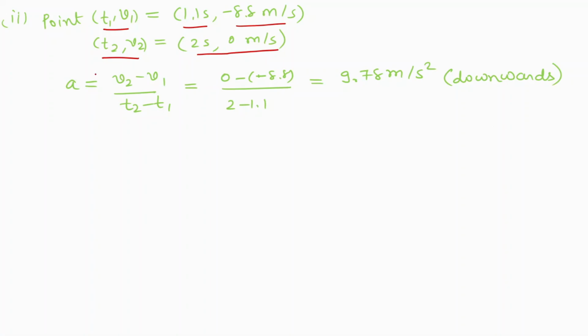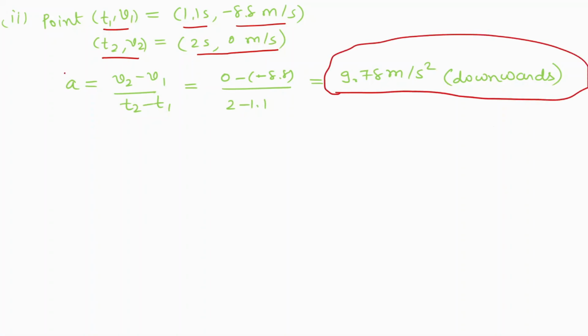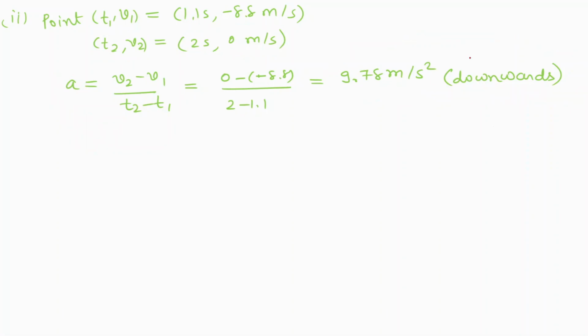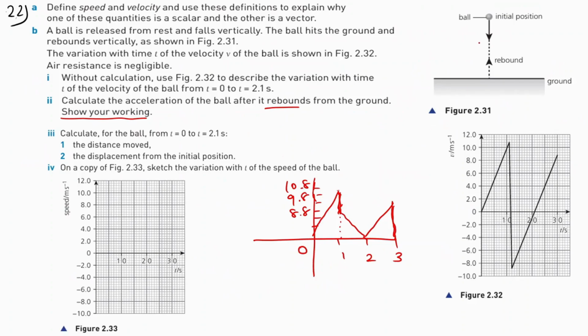We know the definition of acceleration is (v2 minus v1) divided by (t2 minus t1). Here you may find the acceleration, and at first I considered g. It is a similar value to g, and it is downwards. So the acceleration acting here is gravity.